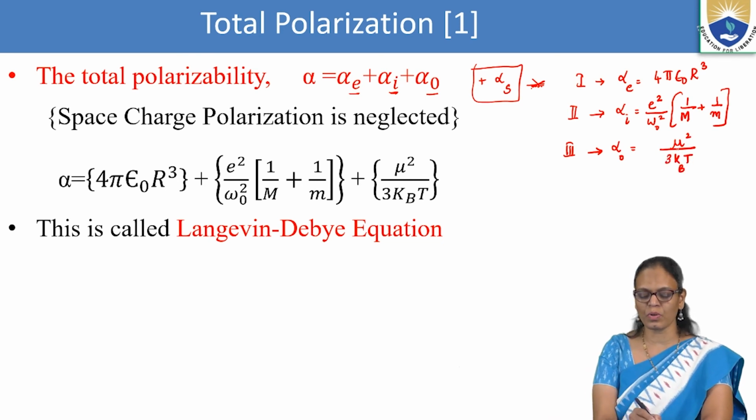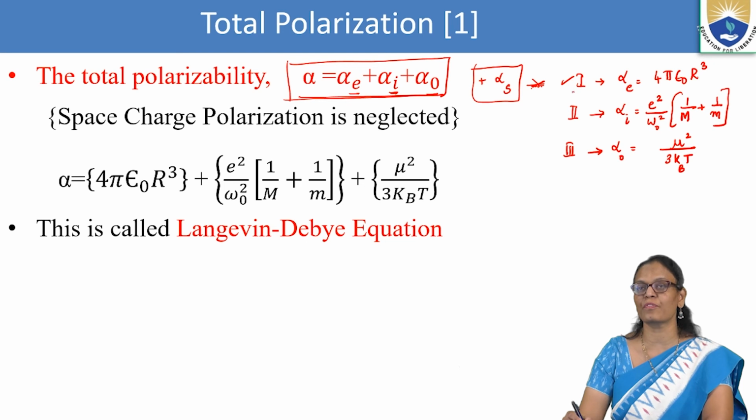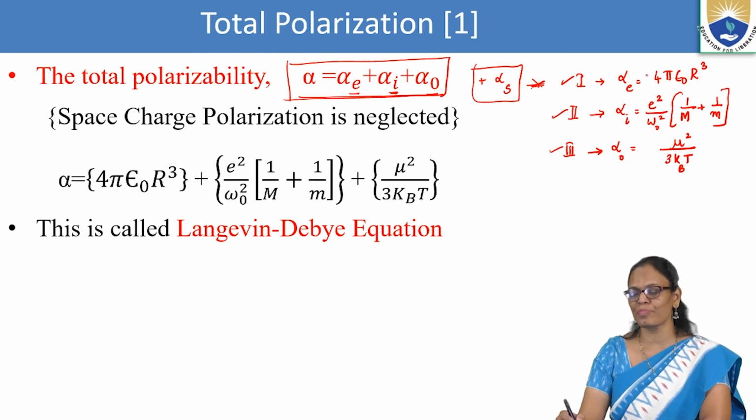So now when we want the total polarizability, we are going to substitute these values of alpha E, alpha I and alpha O from the main equations 1, 2 and 3.